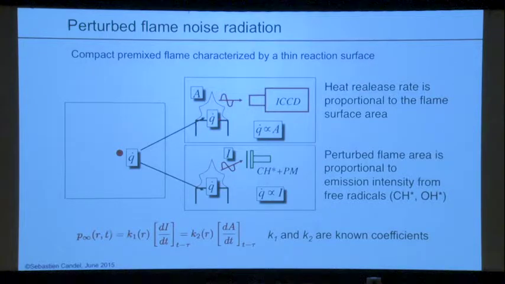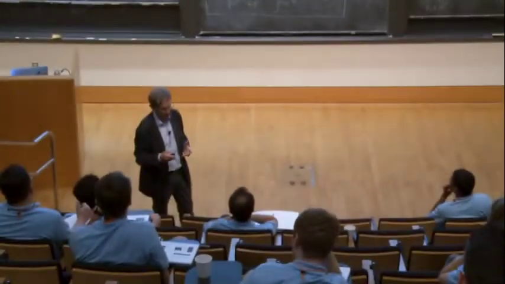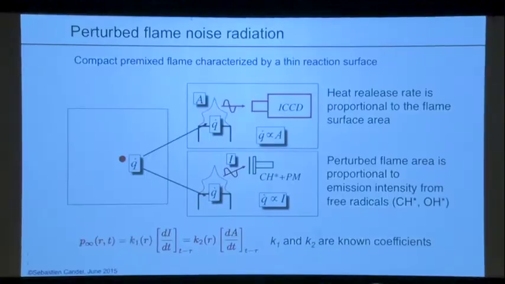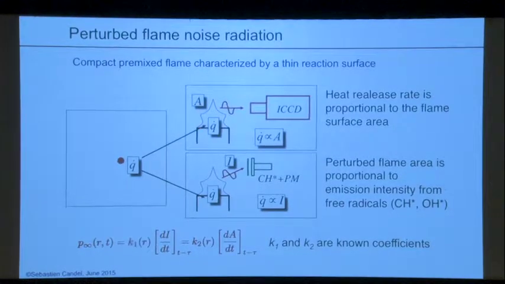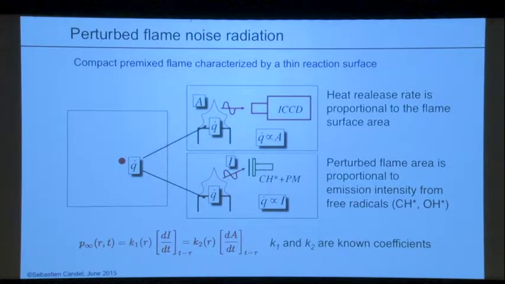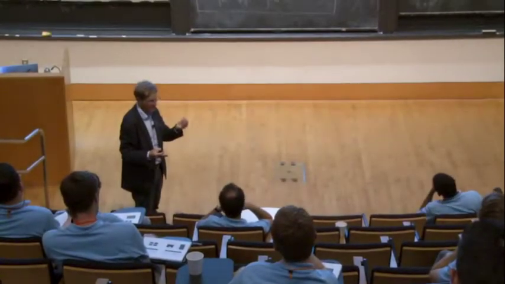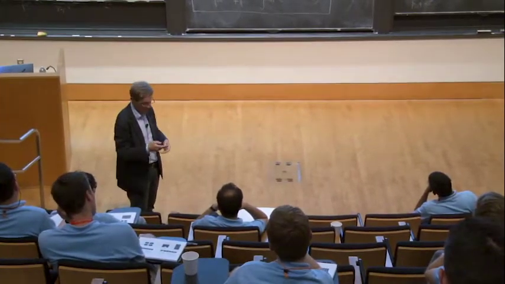So Q dot is proportional to the intensity. On the other hand, modern technology allows you to get the area for simple flames. It is possible to actually look at the area that you are producing, and if you know the area, you know the dA by dt. And we've seen that dA by dt is producing the pressure field.